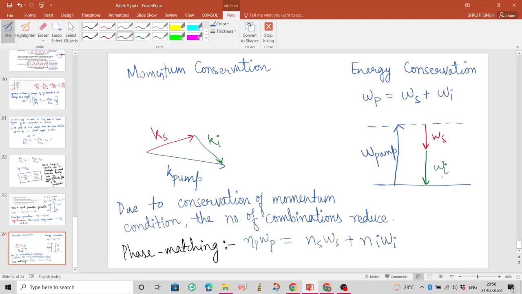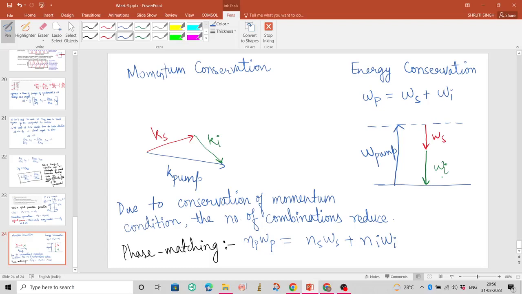So this is the phase matching condition here, and by changing the refractive index, ns and ni, we choose which combination of omega s and omega I will come.